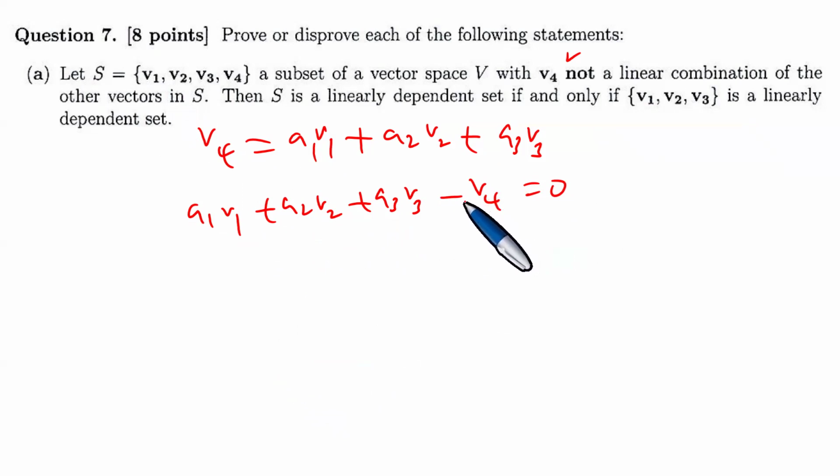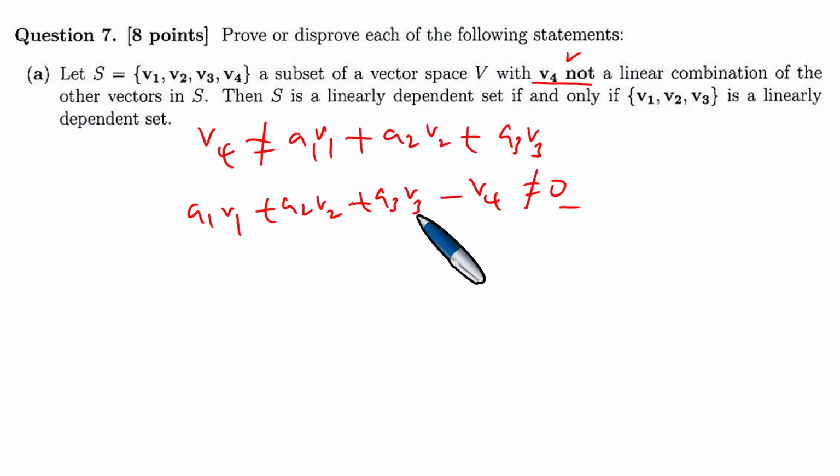That would mean you have a scalar that is not 0 in this linear relation, a homogeneous system where not all the scalars are 0. And because not all the scalars are 0, you can come to this observation from the fact that V4 is not a linear combination of the other vectors. Then S is actually a linearly dependent set.